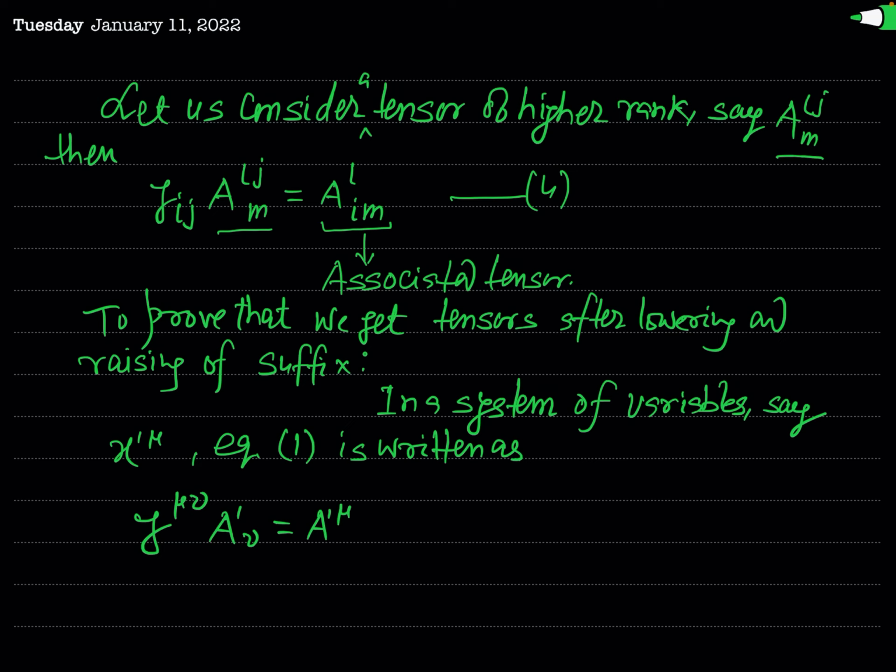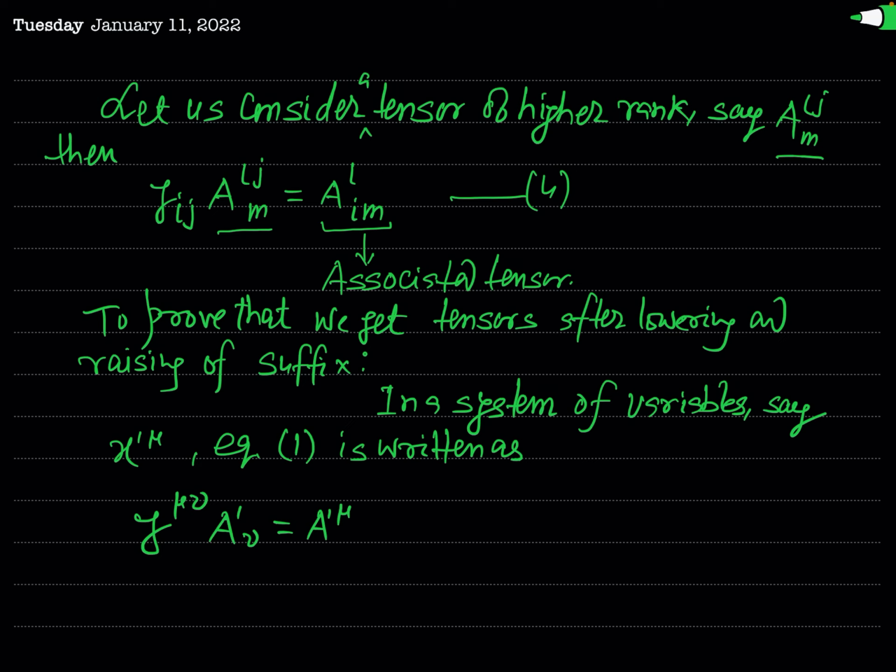You can see now we have considered that our fundamental tensor is G super mu nu and the given tensor is A prime sub nu. Then according to the definition of raising of suffix, this nu will be omitted and we get A prime mu.